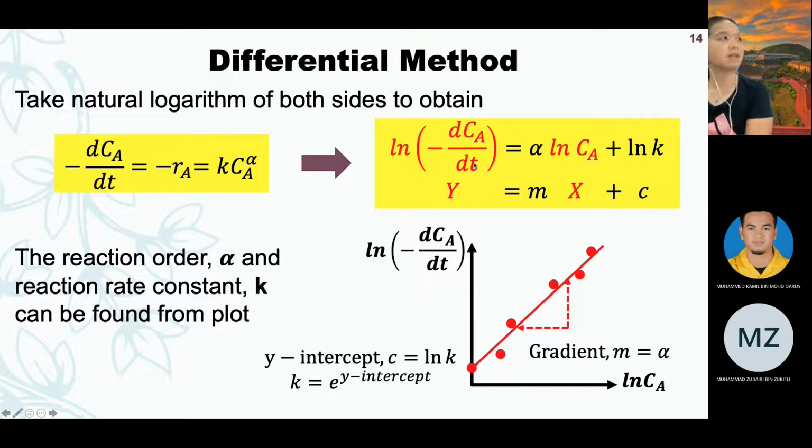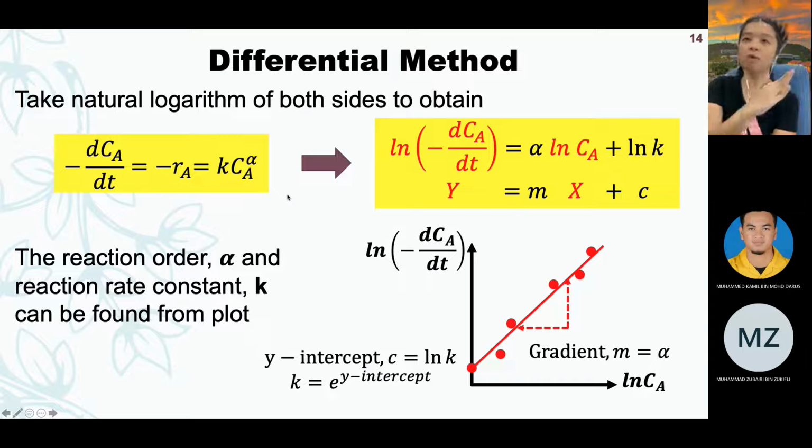On the right hand side, bila kita lonkan, so you will get, again, kamu tengok dalam case ni, kita ada dua benda. Kita ada variable K, kita ada variable CA power alpha. So basically, principally, mathematically, K tengah darab dengan CA power alpha. So bila you lonkan these two variable, yang darab, the multiplication become addition. Sebab tu kamu akan dapat dalam bentuk ln K plus kuasa tu akan turun bawah. So, jadi alpha ln CA.